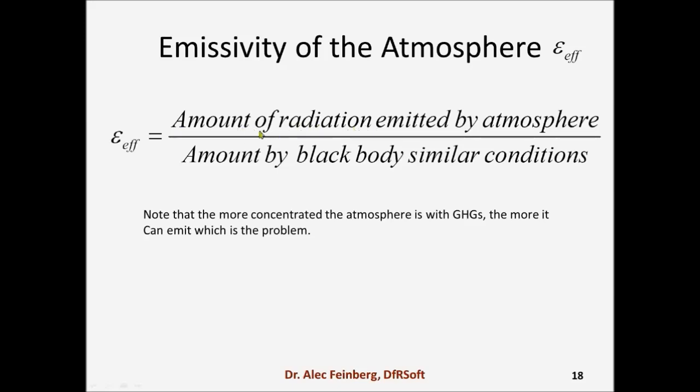You can think of it as how much is absorbed and re-radiated, as opposed to how much could be absorbed if the atmosphere was a black body in terms of the amount of infrared radiation it absorbed. So it's just a ratio. Now notice that if we add greenhouse gases, we anticipate that we would increase this emissivity value, and that's part of the problem for global warming.